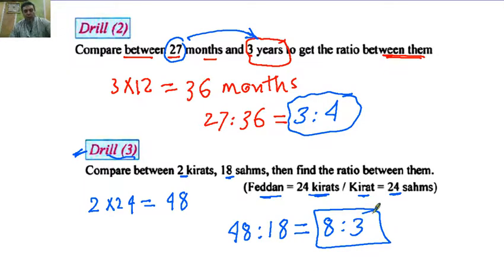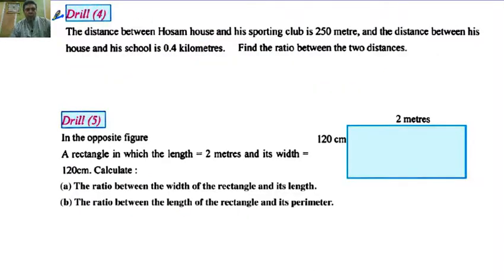Drill number 4. The distance between Hussam's house and his sporting club is 250 meters. And the distance between his house and his school equals 0.4 kilometer. Find the ratio between the two distances.